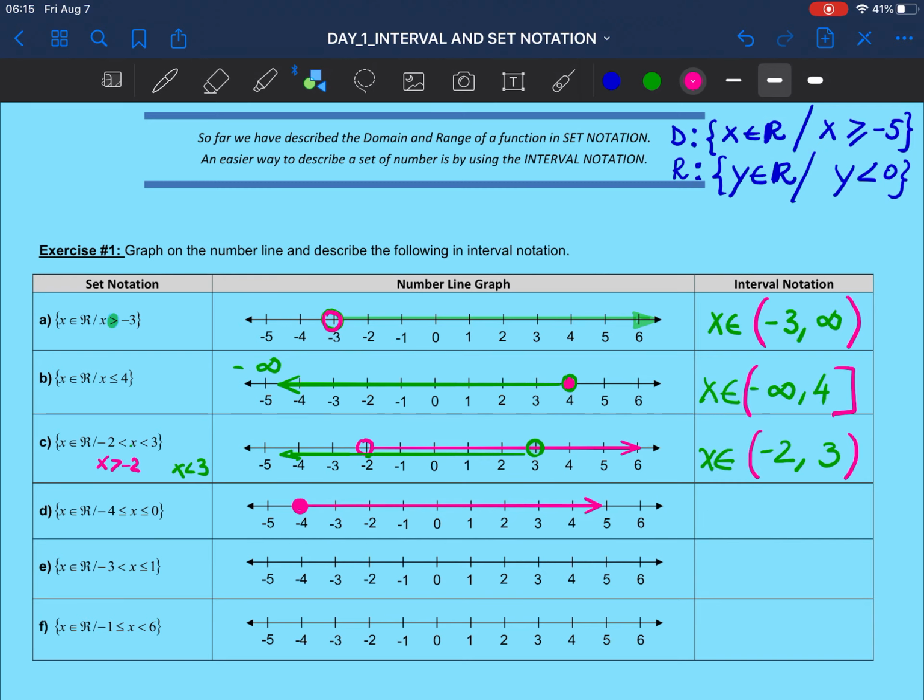And also the numbers must be less than or equal to 0, so here goes 0. 0 is included, and all the numbers less than 0 will be to the left side of 0.